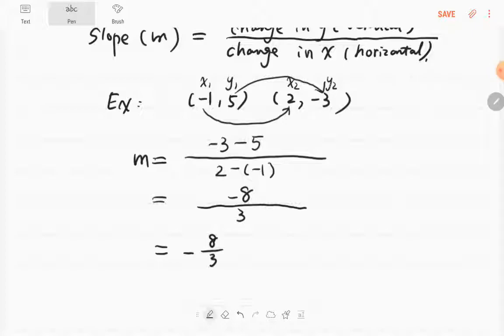Make sure you use y2 minus y1 and x2 minus x1. Start with the same point and end with the same point. Use the end point y2 minus start point y1, divided by the end point x2 minus the start point x1.